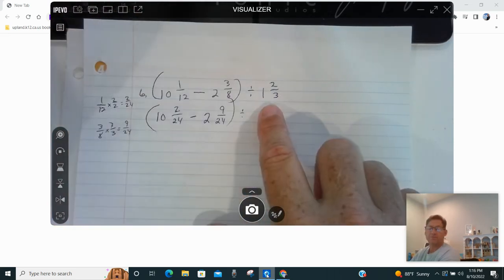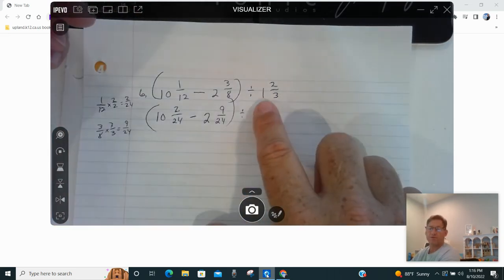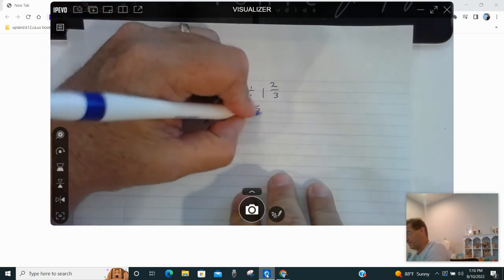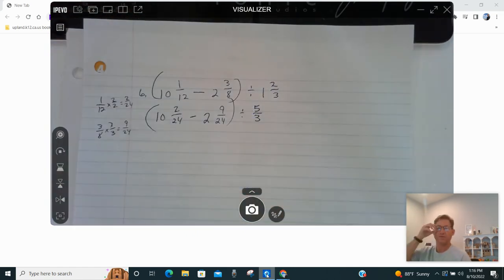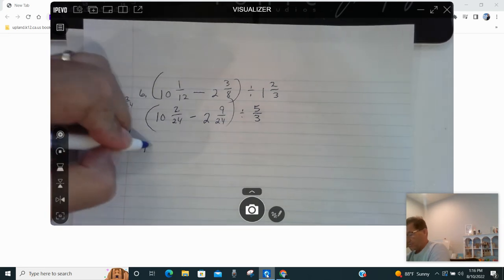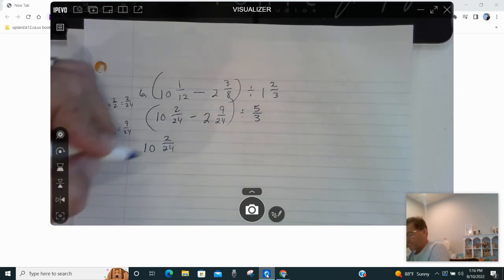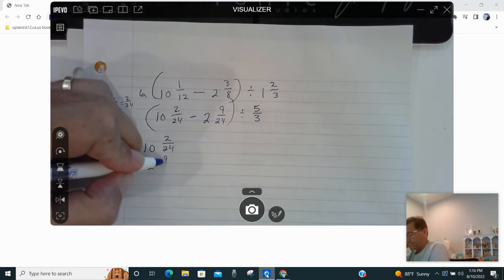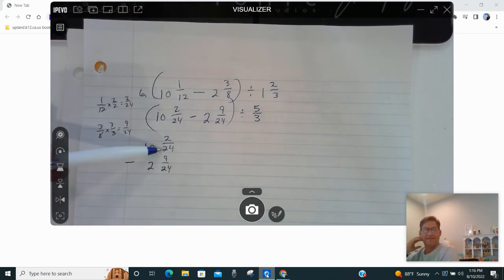We can change this into a fraction greater than 1. 3 times 1 is 3, plus 2 is 5 thirds. 1 2/3 is the same as 5 thirds. All right, so we have 10 and 2 24ths minus 2 and 9 24ths.